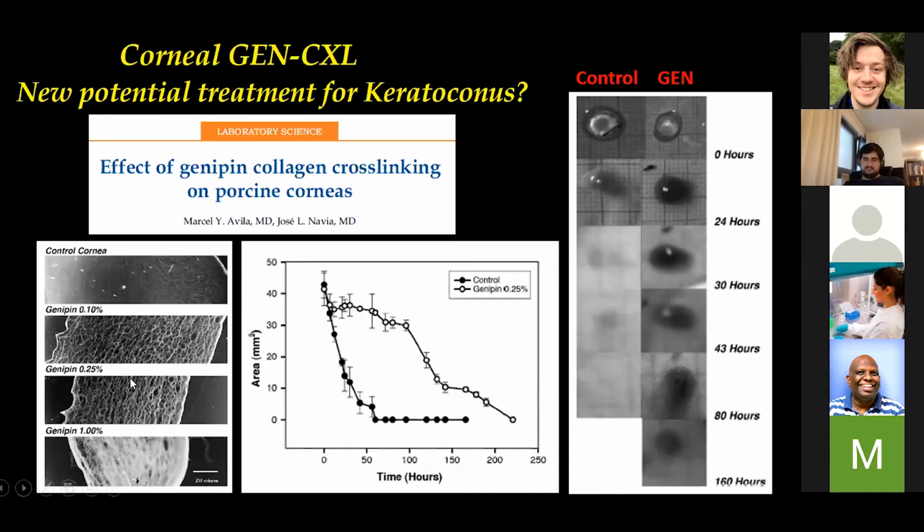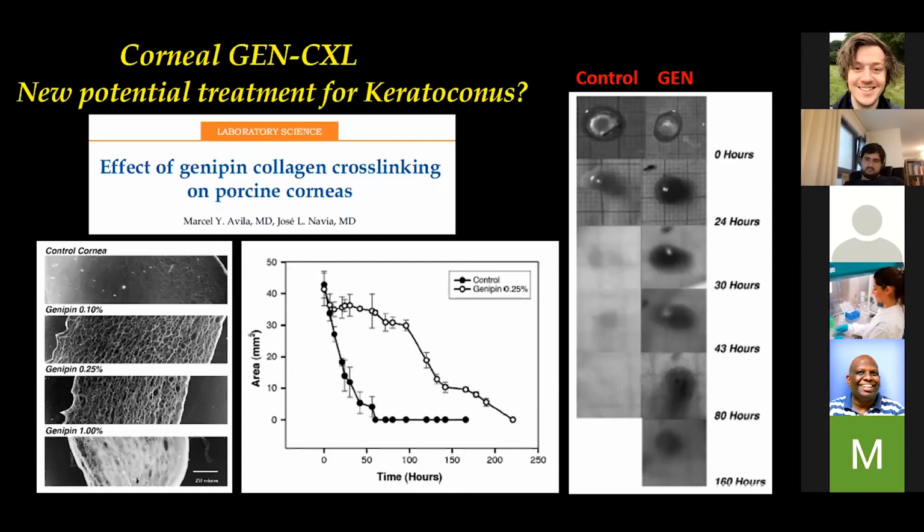These authors have done serious investigations here. For example, I hope you can see my mouse. We have some corresponding corneas. We have the control, which is basically the untreated cornea, and then we have the genipin cross-linked cornea. They treated these corneas with collagenase.